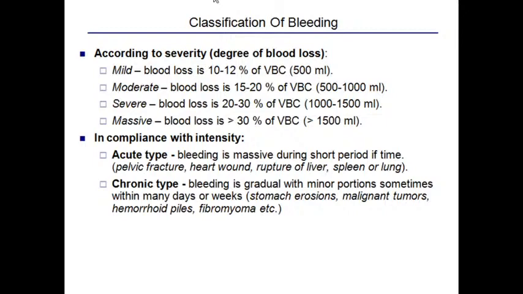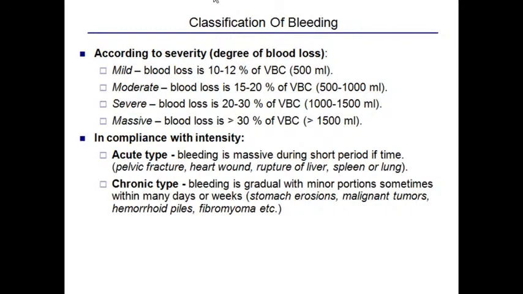Moderate bleeding, blood loss is from 15 to 20% of total volume of blood, from 500 to 1100 ml to 1 liter. Severe blood loss from 20 to 30%, it's from 1 to 1.5 liter. And massive bleeding, blood loss is about 30% of volume of blood circulation, it's about 1.5 liter.